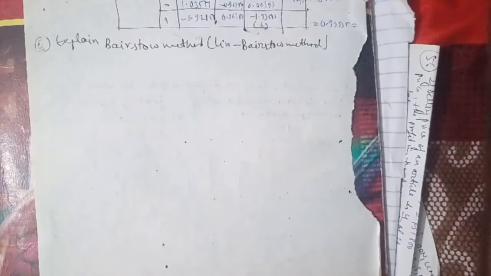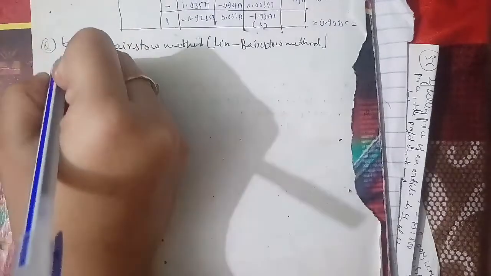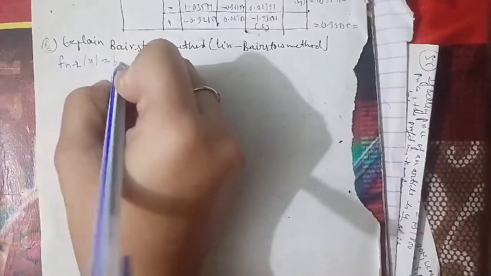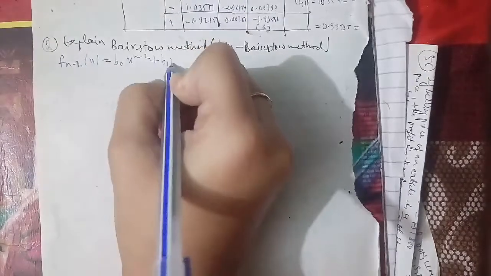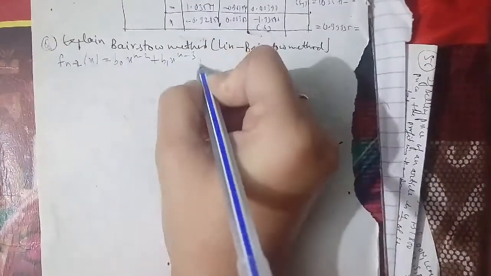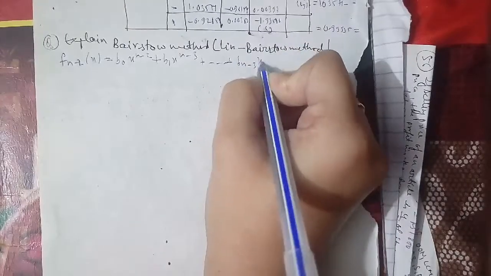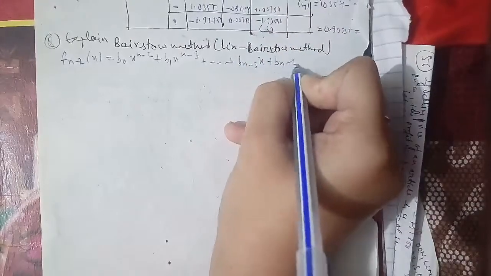It is given as b0 x to the n minus 2 plus b1 x to the n minus 3 plus up to b n minus 3 x plus b n minus 2.